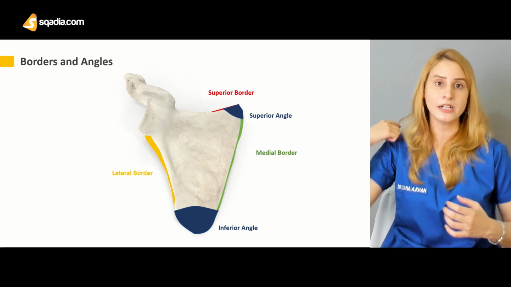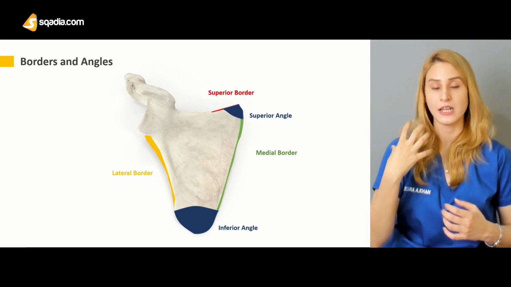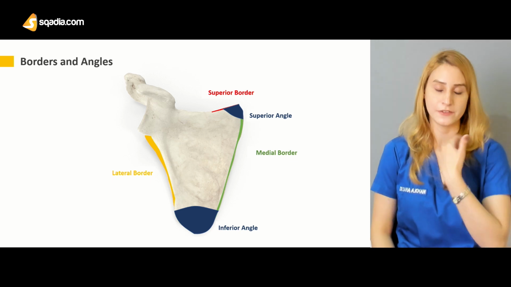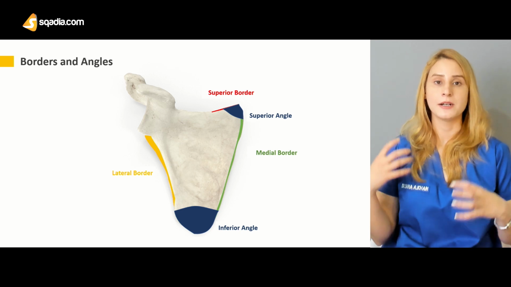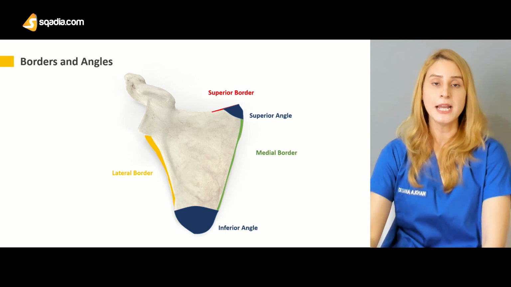The superior border is related to important structures like the clavicle, the sternum and the first costal cartilages. And the inferior angle and the spine of the scapula are the parts which can be palpated.